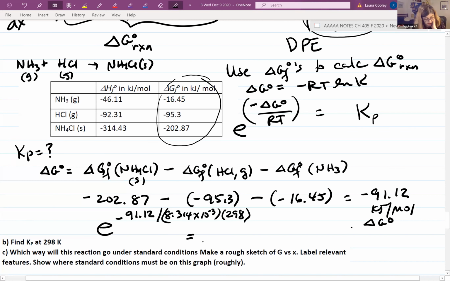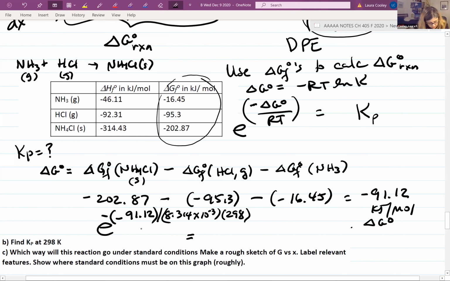This is some gigantic number. Wait a minute, hold on. E to the minus delta G, so it's negative of this.